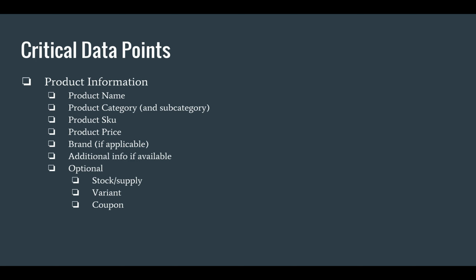Also the variant, so if it's different colors of a particular product, more contextual information, and also if a coupon is applicable, one in the transaction, and two even just for a particular view of a product. The more data points you can get in there, the more that's available to use with the different tags, and the more granular and flexible analysis you can then do once it comes to analytics, attribution, everything.